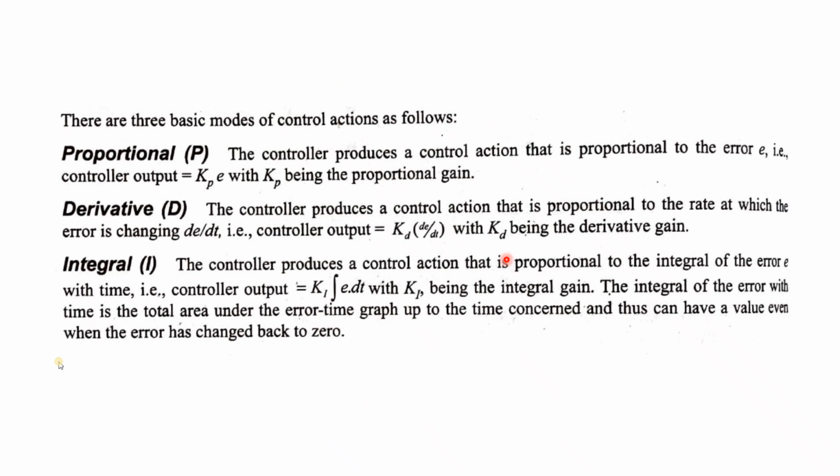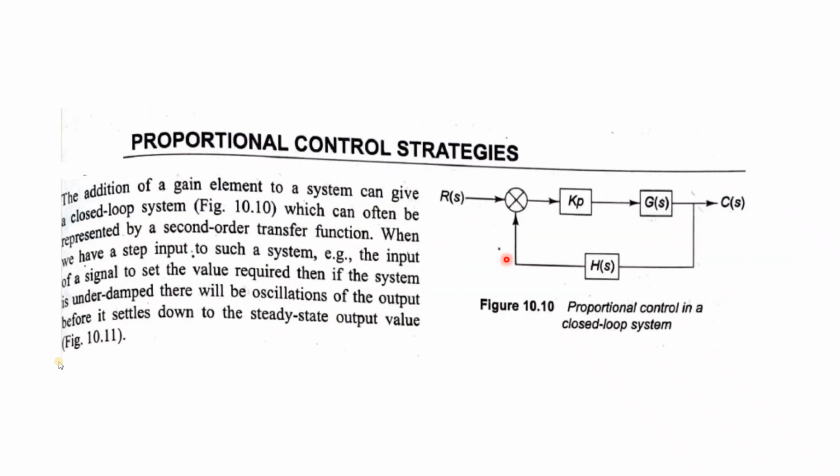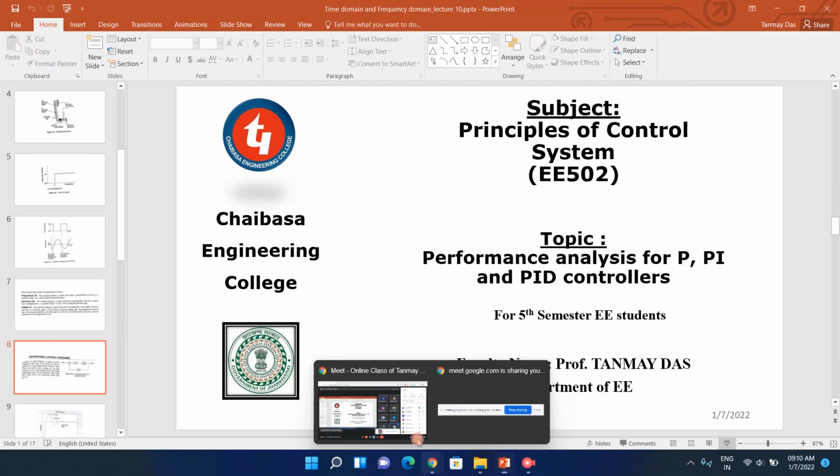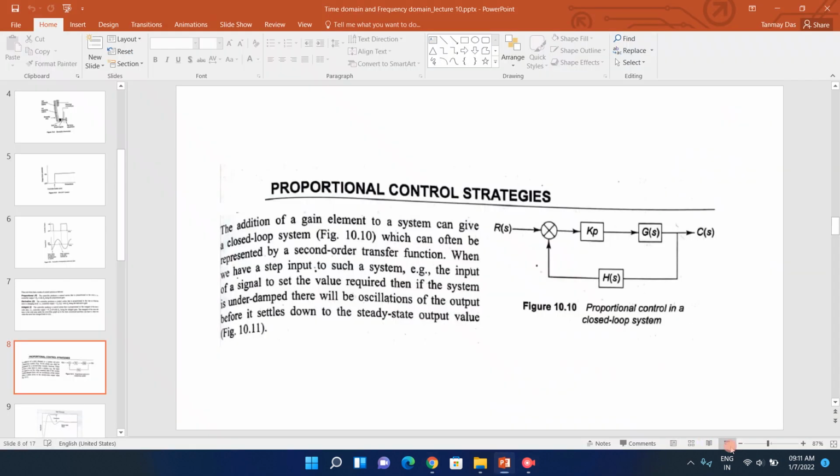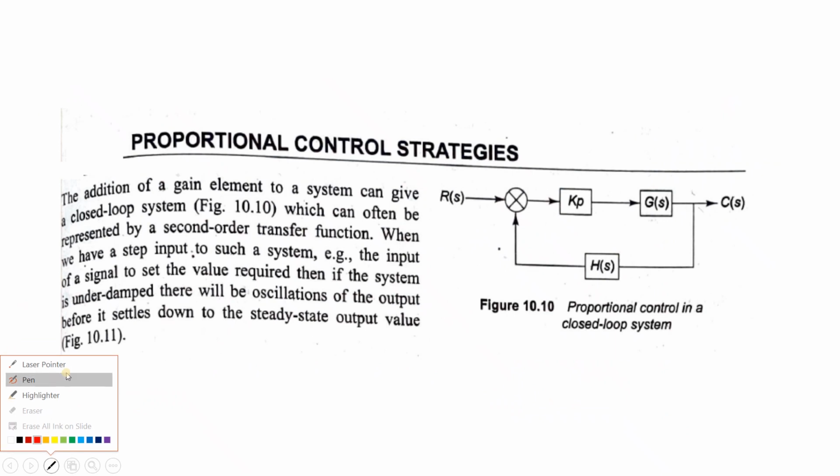In order to overcome that, we use continuous control, which are the proportional, derivative, and integral controllers. Now, the proportional controller is nothing but a gain, a transfer function Kp, which is multiplied with the actual forward path transfer function of the plant.